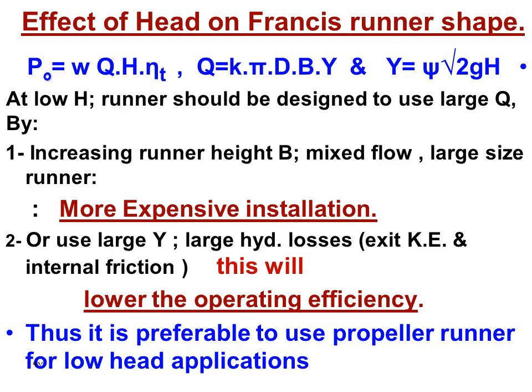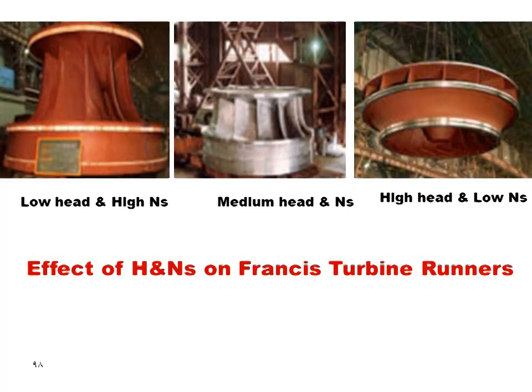This means lower efficiency can be obtained at low head application. This means for low head application you have a larger size turbine and lower efficiency. This means with all these factors, you have to go to another turbine. We call it propeller turbine.